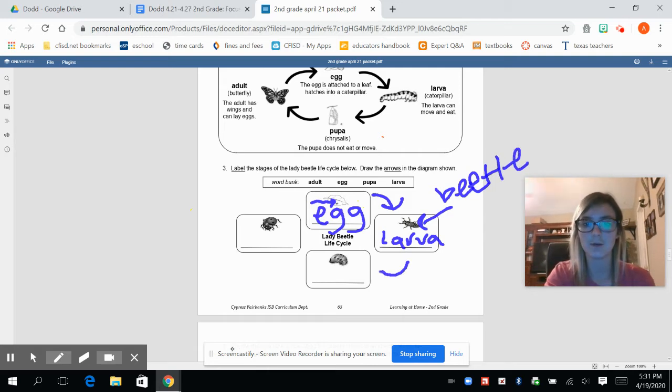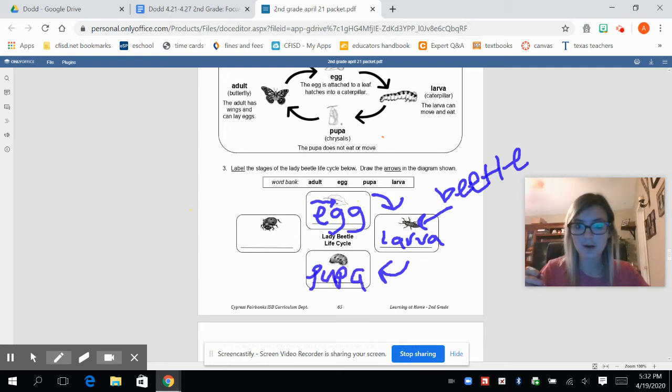So then we're going to go right here to step 3. And this is the pupa. And the pupa, remember, doesn't move, it doesn't eat, it's just all safe and snug in its little capsule, and it's going through this huge change.